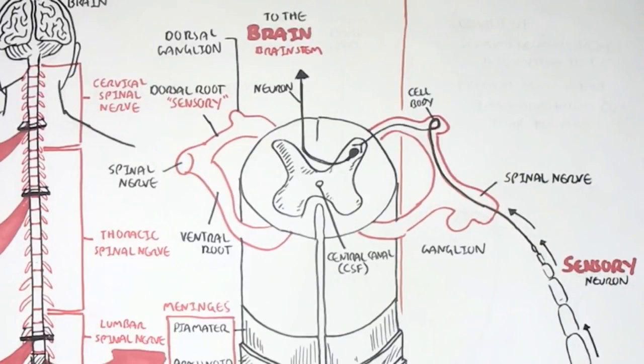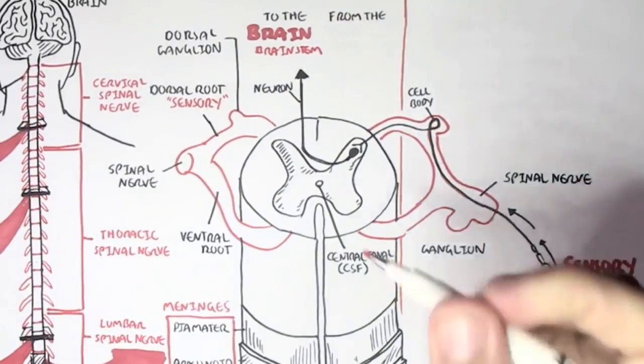Now, if the dorsal root is for sensory neurons bringing in sensory information to the central nervous system, that means the ventral root is for the efferent neurons, for the motor neurons.